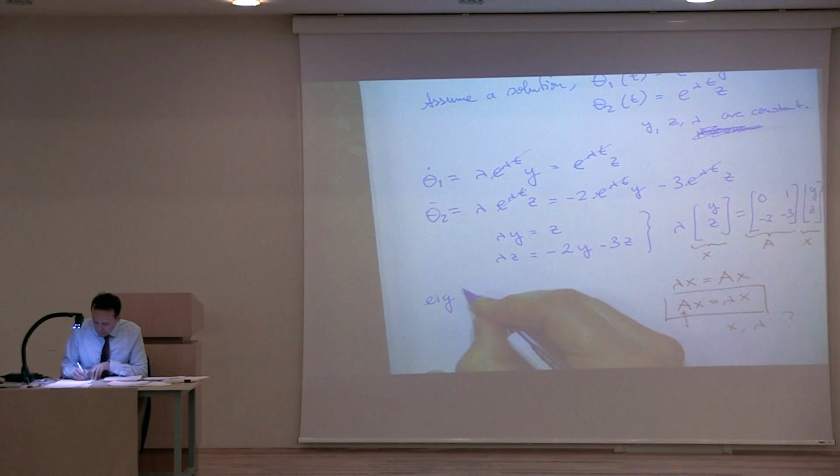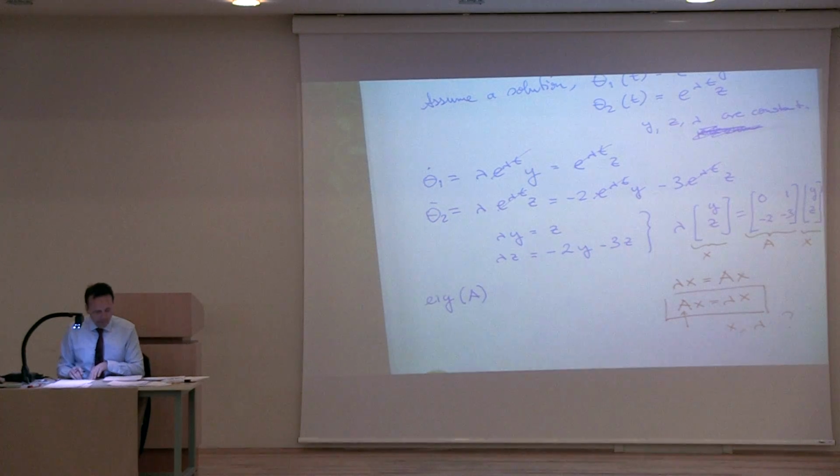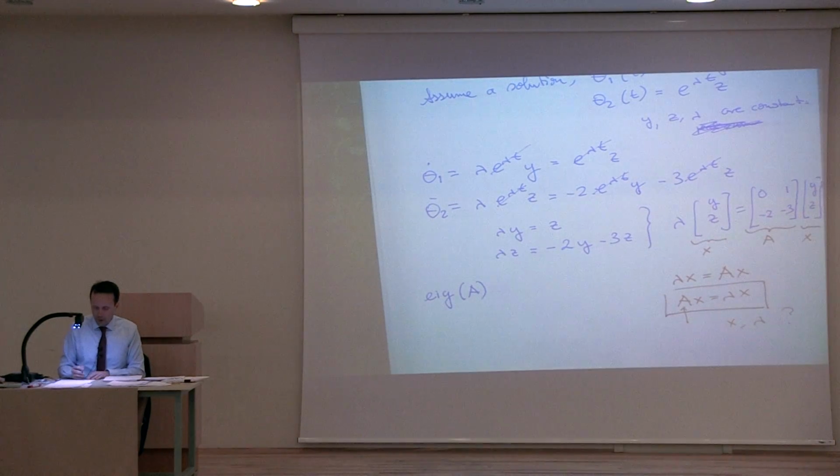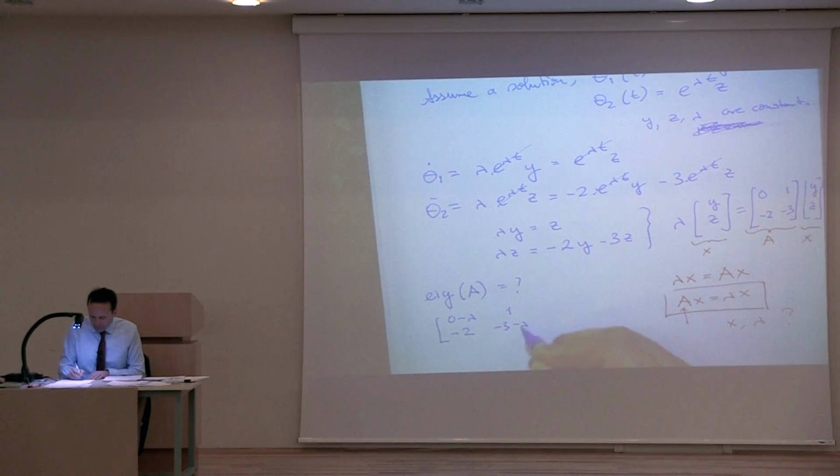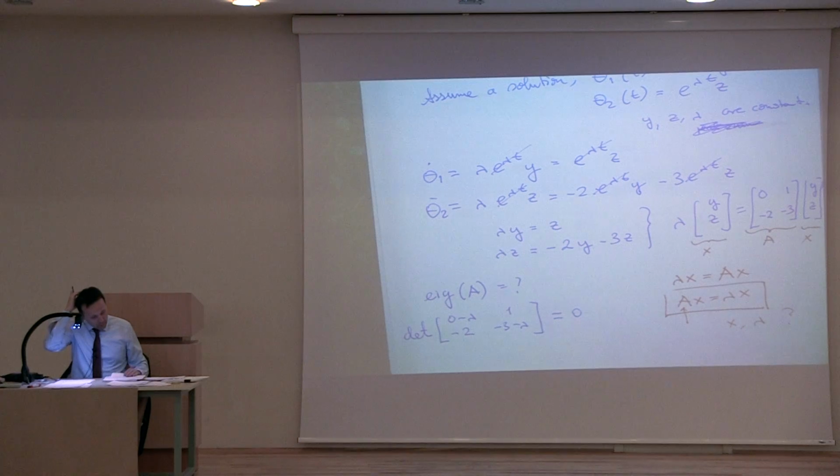Eigenvalues of the A matrix. So how do I find them? I do this: 0 minus lambda, 1, minus 2, minus 3 minus lambda, and I look at the determinant of this and set it equal to 0, and then I find the lambdas from this.